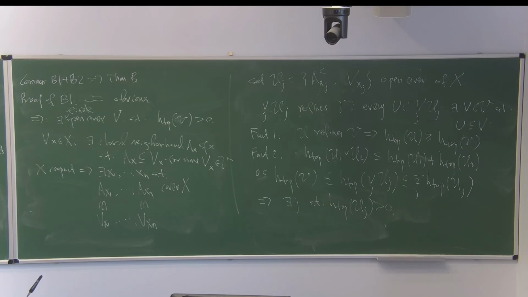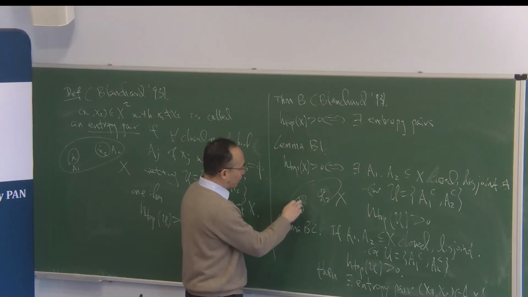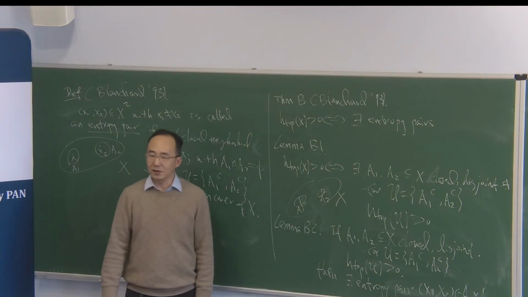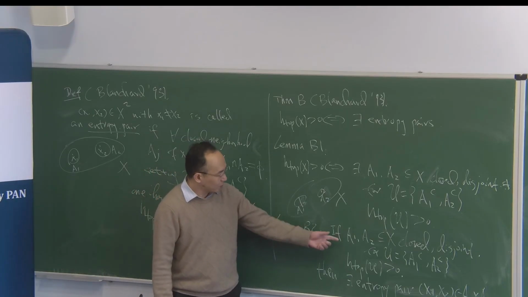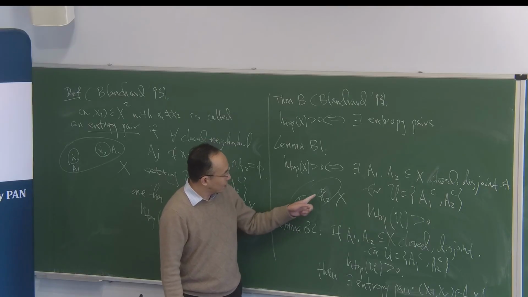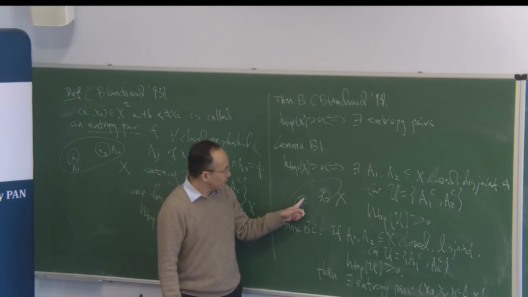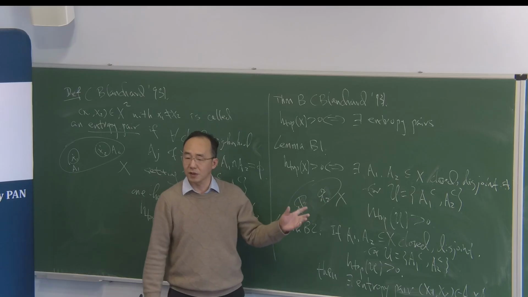What you do is that when you have such a situation, you cut A1 into two closed sets there. Then you can see that if A1, A2 satisfies the condition here, then either this closed set together with A2 satisfies this condition, or the second closed set here together with A2 satisfies the condition.